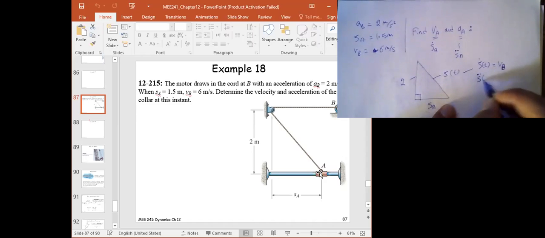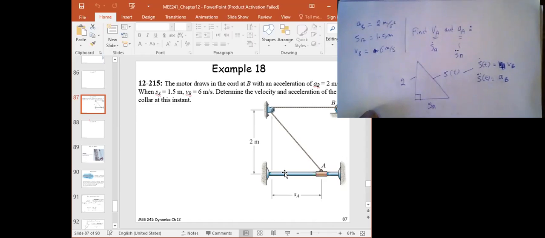And S double dot of T is going to be equal to the acceleration of B. If you look here, the rate of change of this cable is equal to the rate of change of the other cable, because they are wound on the same pulley. But let's just do the Pythagorean here.